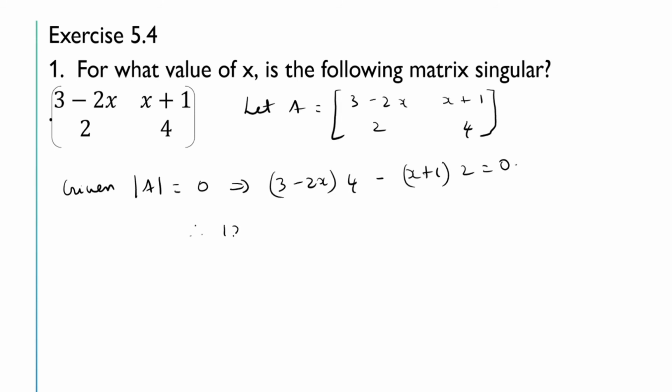Therefore, 12 minus 8x minus 2x minus 2 is equal to 0. 10 is equal to 10x, or x is equal to 1. So therefore x is equal to 1.